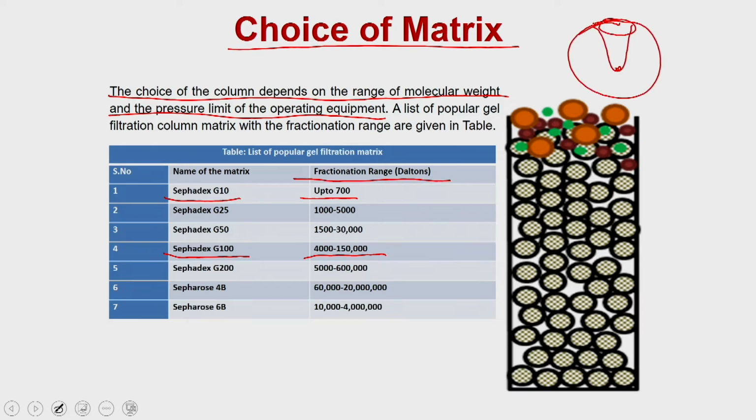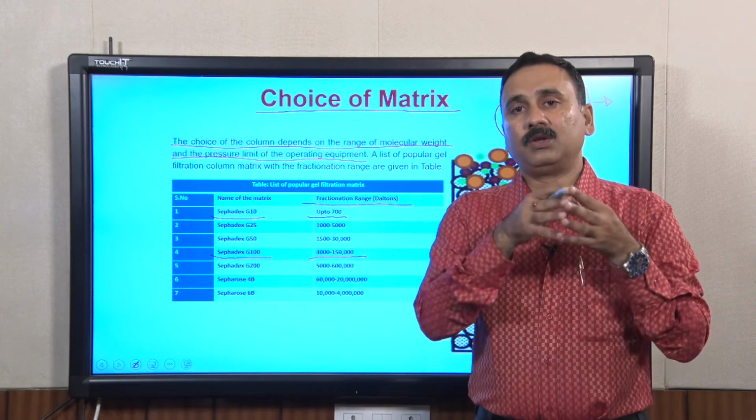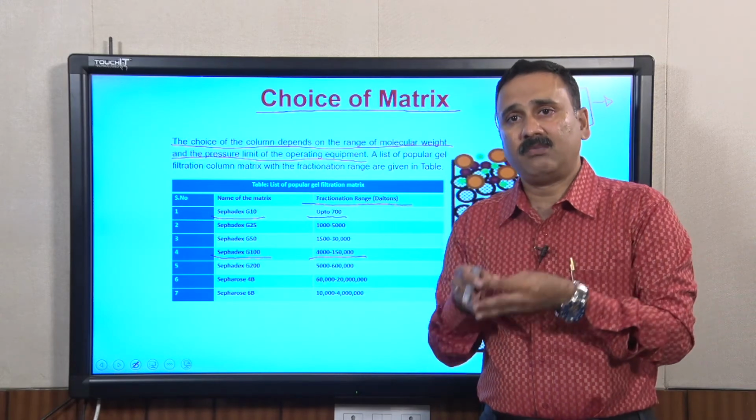It means this is the largest size molecule the column can resolve, and this is the smallest. Within this fractionation range the column has better resolution and will fractionate the different molecules.